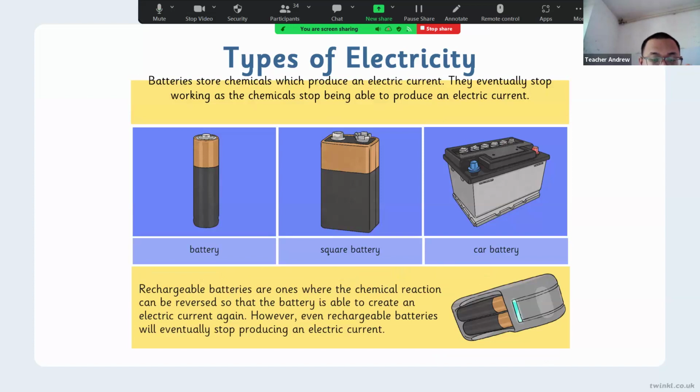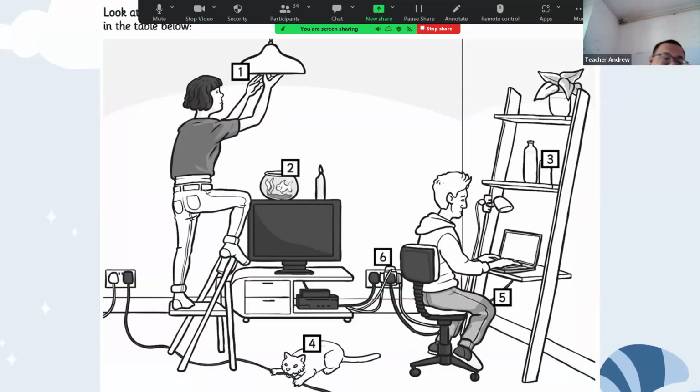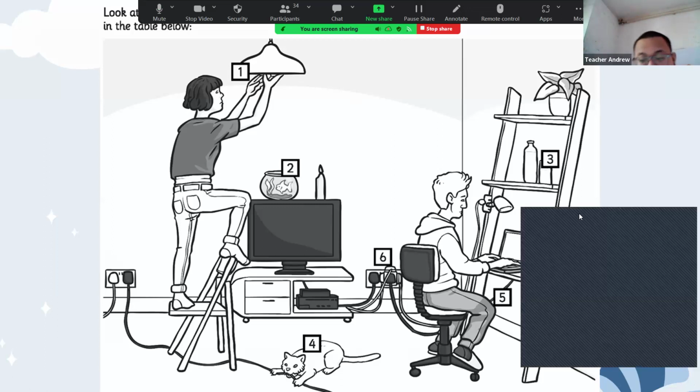All right. Now, look at this diagram. I want some volunteers to tell me why 1, 2, 3, 4, 5, 6 are hazards. Any volunteers to share with us why it is dangerous?